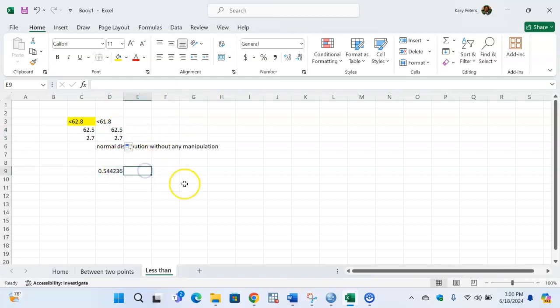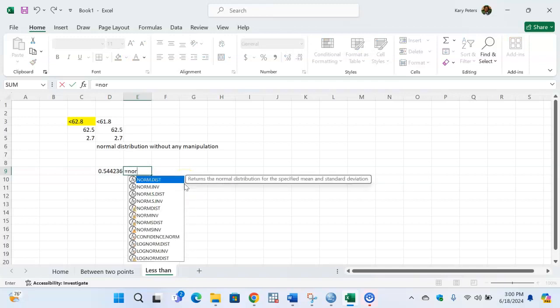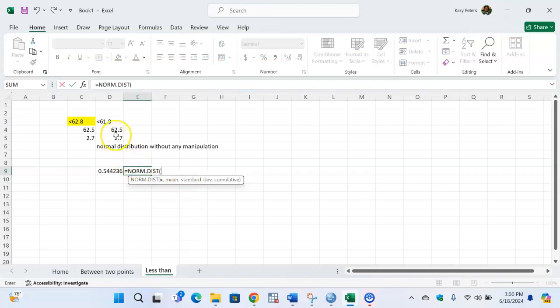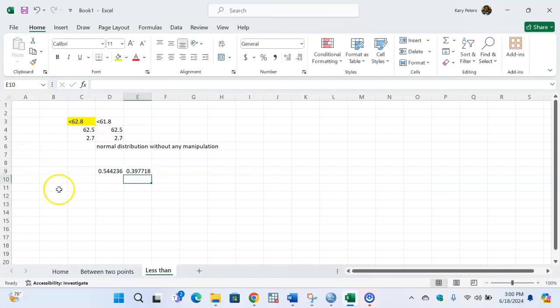In this case, it's normal distribution still. Our X is 61.8, our mean 62.5, standard deviation, then cumulative. Then that's our probability. So you don't need to worry about anything as long as the information is provided. Then this is how you solve when it's less than.